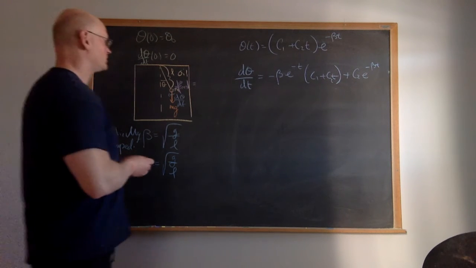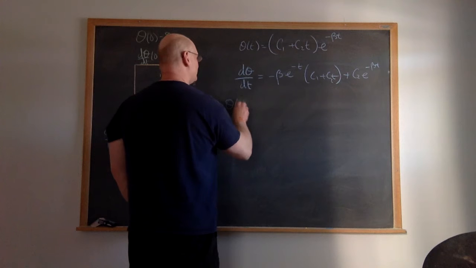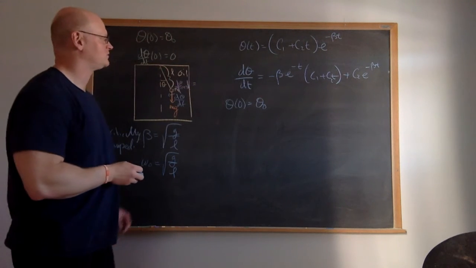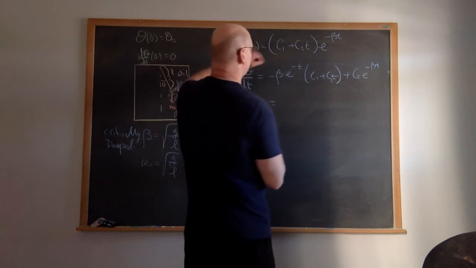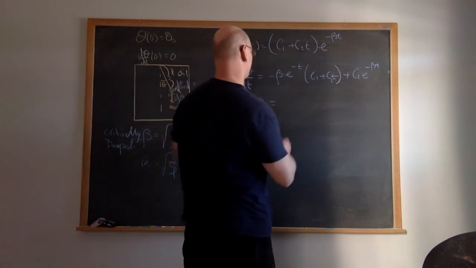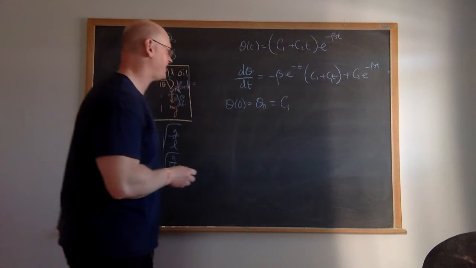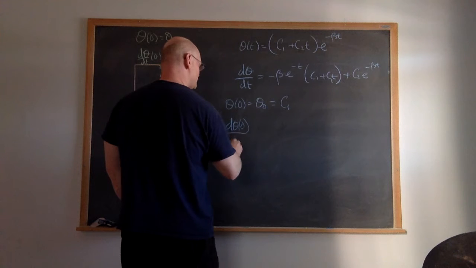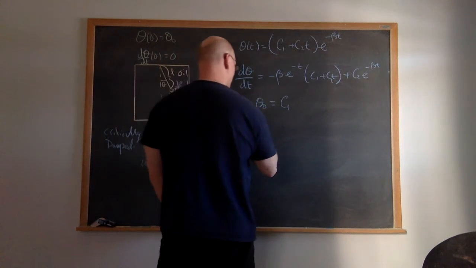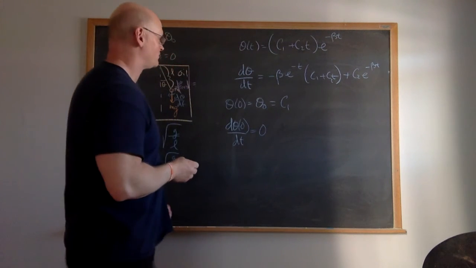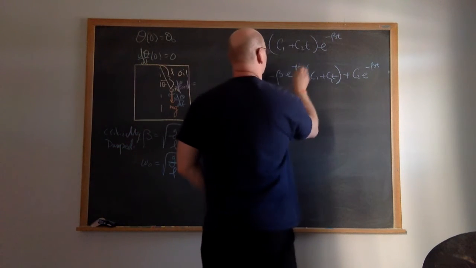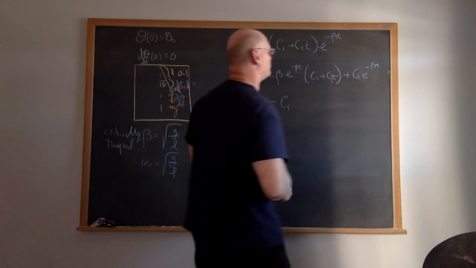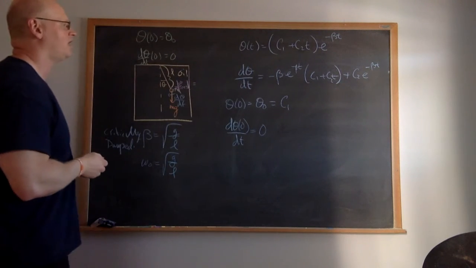Now let's use our initial conditions. What we know is that the initial position at time equal to 0 is equal to theta 0. So here this term is going to go away, this term is going to become 1, so this means C1 is simply theta initial. Our other initial condition is that the velocity evaluated at time equal to 0 is equal to 0. From here, this term is going to go to 1, this term is going to go away, and this term is going to go to 1.